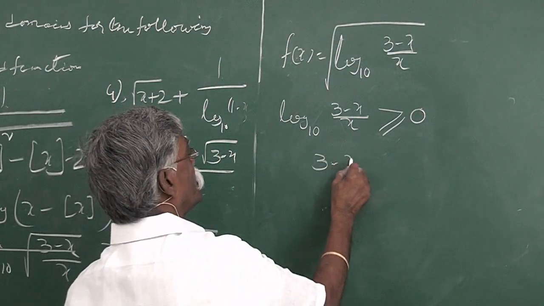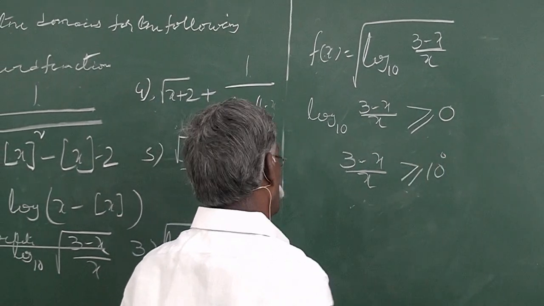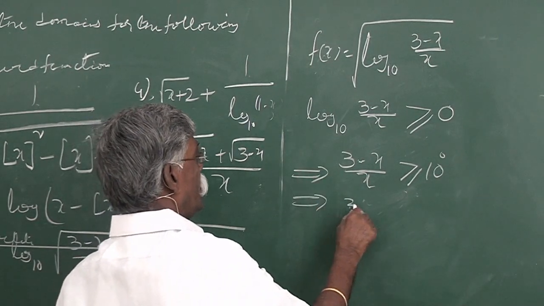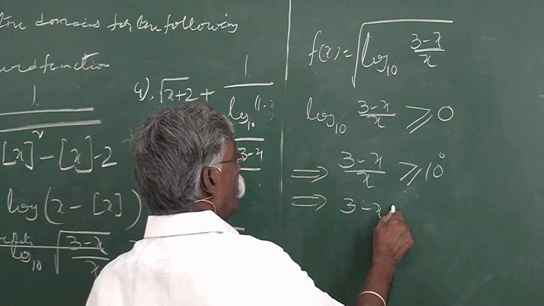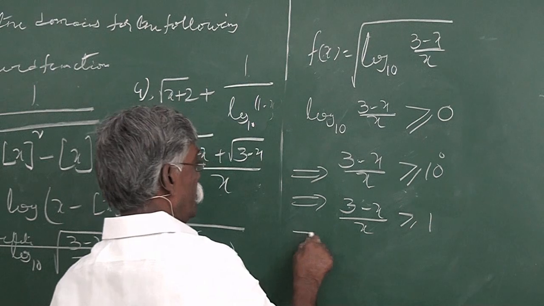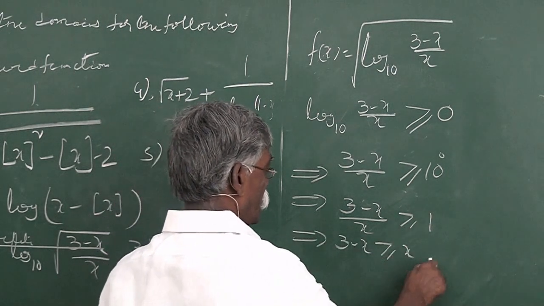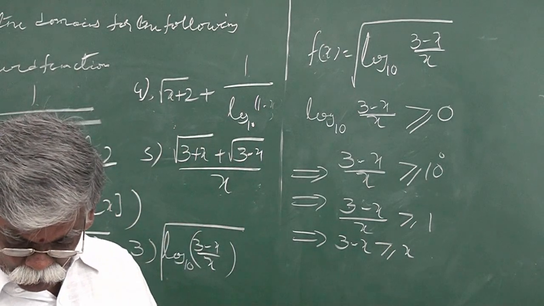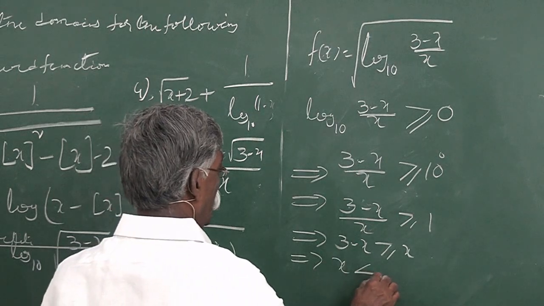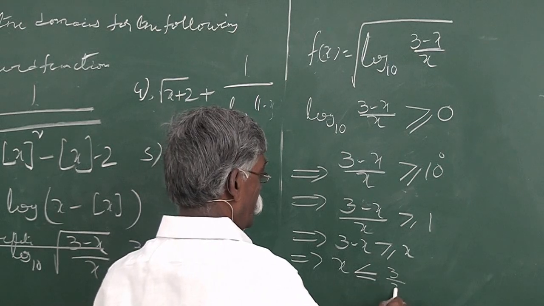Therefore, (3 minus x) by x is greater than or equal to 10 power 0. This implies (3 minus x) by x is greater than or equal to 1. This implies 3 minus x is greater than or equal to x. This implies x is less than or equal to 3 by 2.